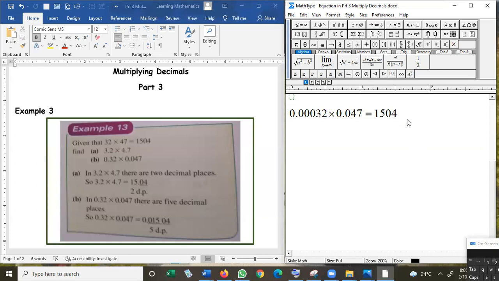When you make the shift, then you say 1, 2, 3, 4, 5, 6, 7, 8. And you put the decimal point there, 0. Okay, that's example 1.